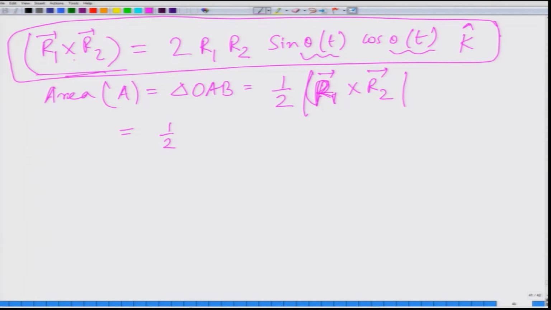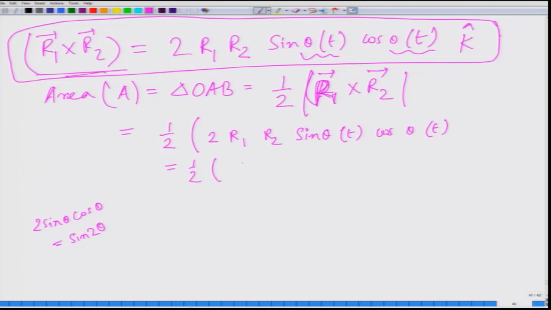The magnitude of this will be 2 r1 r2 sin theta(t) cosine theta(t), or I write it as half. 2 sin theta cosine theta is sine of 2 theta.